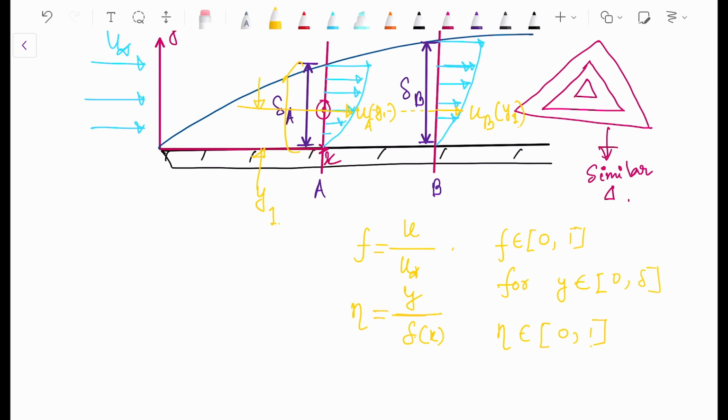But if I am plotting u versus y here, at section A my u versus y will be something like this, and at section B my u versus y will be something like this.